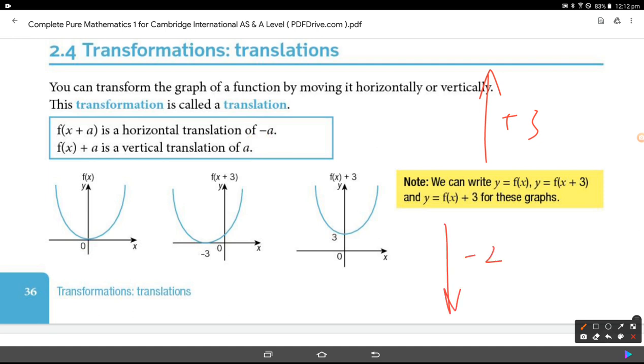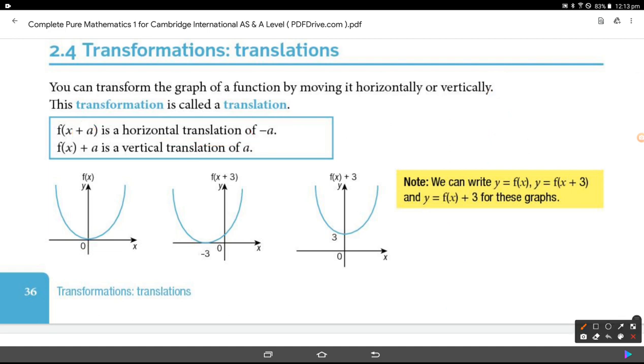Here this is our normal graph, and as I add 3 outside, f plus 3, you see this 3 added outside, so this graph is shifted up 3. I hope that's clear. So the number added outside is vertical. And if it is added in the bracket with x, with the function, it is called horizontal translation. But make sure in that kind of option, the sign is reversed. I think you got the idea.